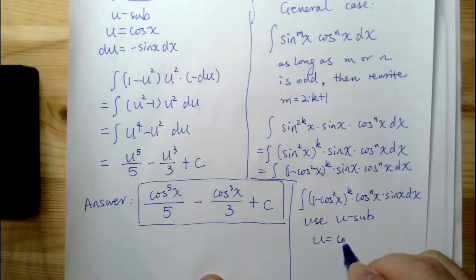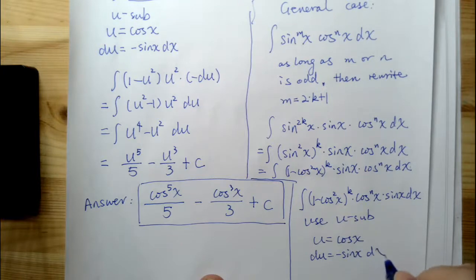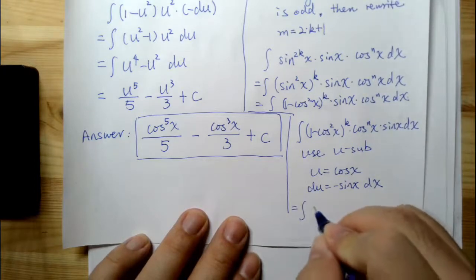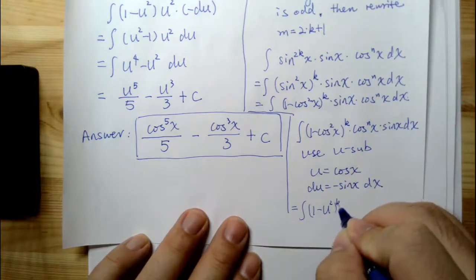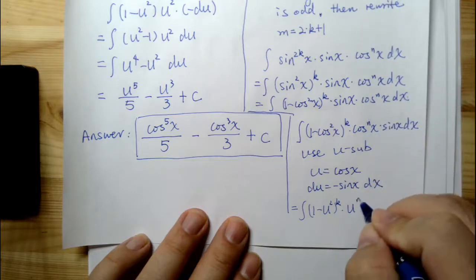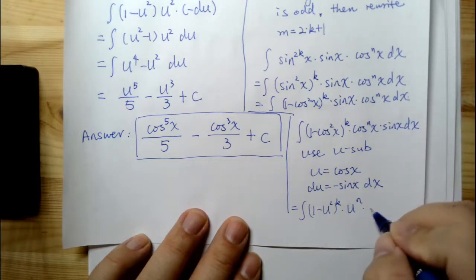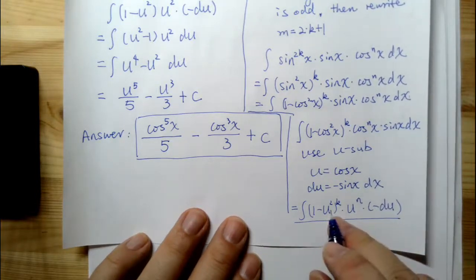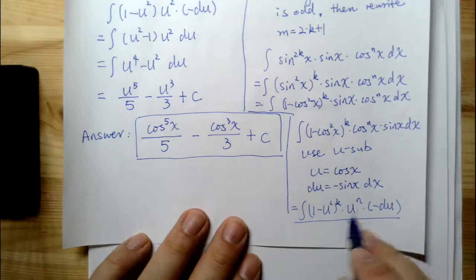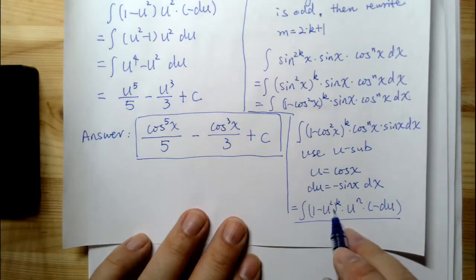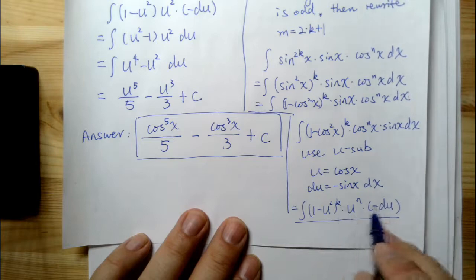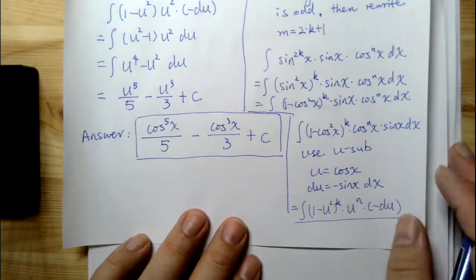That is, set u equals cosine x, and then du equals negative sine x dx. Then you can convert this problem into the integral of 1 minus u squared to the power of k times u to the power of n, and then negative du. This integral is pretty easy to evaluate because, no matter what, the final expression is going to be a polynomial. So you can easily integrate this part and then substitute back, and that will solve the problem.